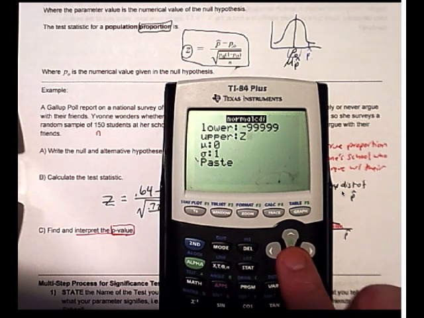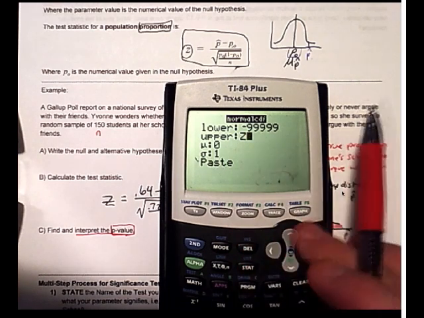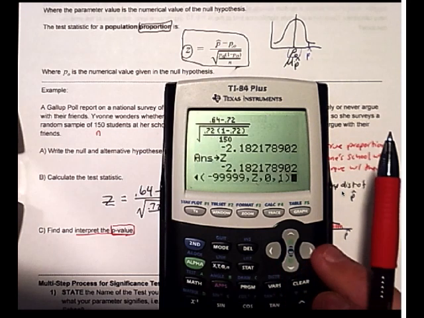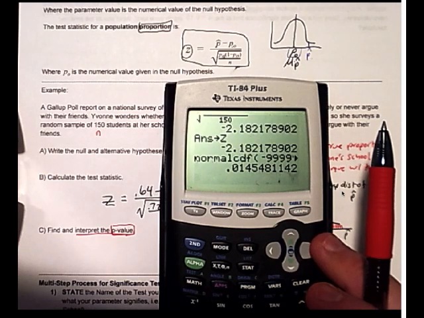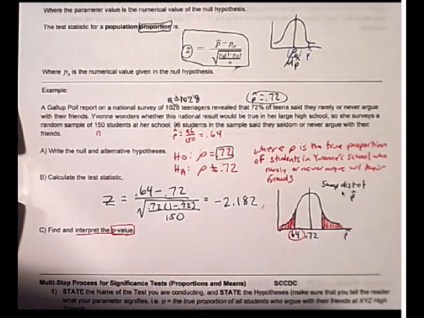Okay, and in a standard normal curve, the mean is 0 and the standard deviation is 1. I can paste. Bingo. 0.0145.